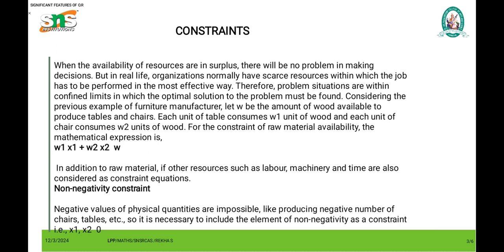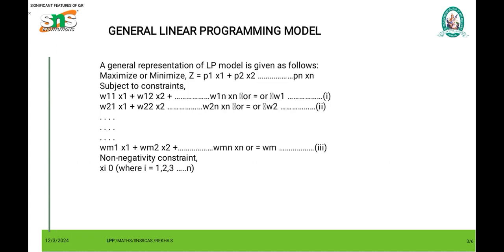In addition to the raw materials, labor, machinery and time are also considered as constraints, as is the non-negative restriction. Non-negative restriction: negative values of any physical quantity are impossible, so we include non-negativity as constraints, X1, X2 greater than or equal to 0.